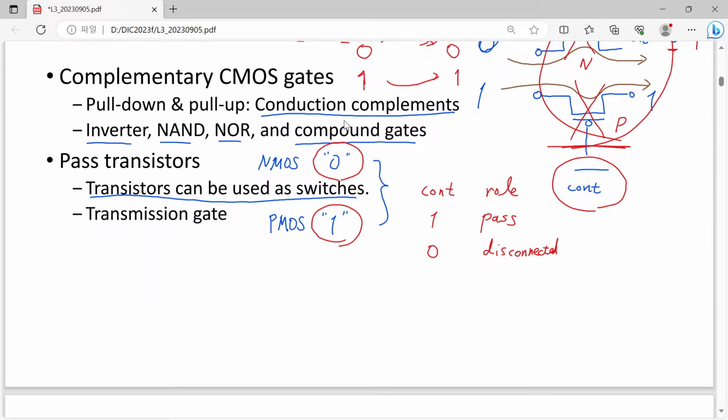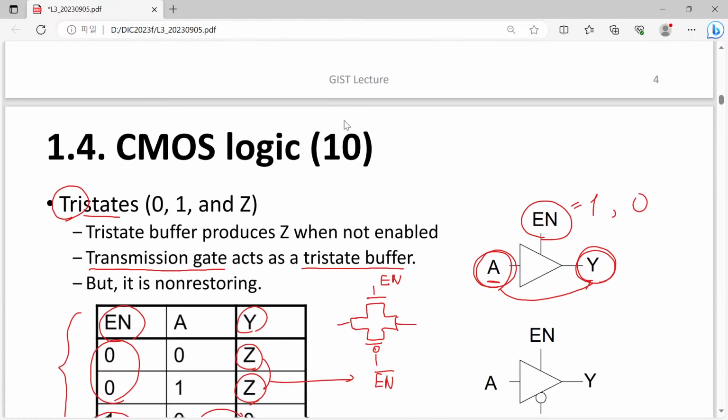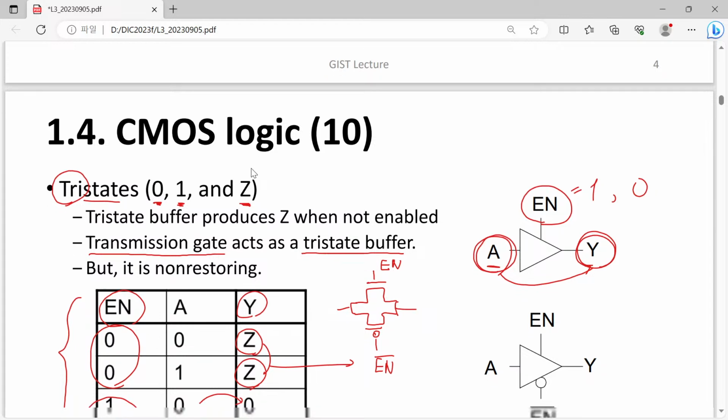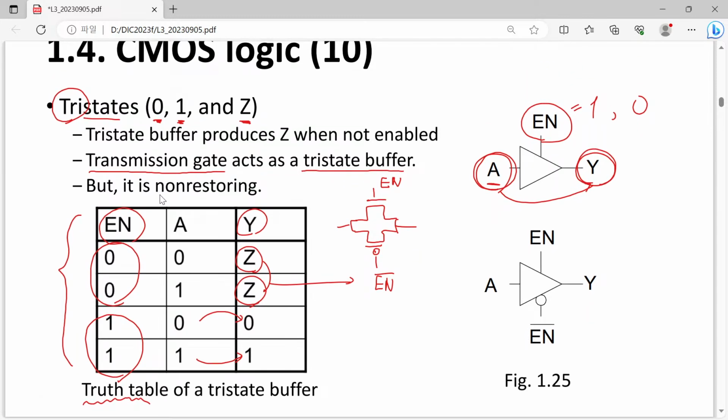However, with this tri-state gate, we can have 0 and 1, and the third logical state we can have is the floating state. So it is not directly related to the input signal. Quite good, but here I wanted to say that it is non-restoring.